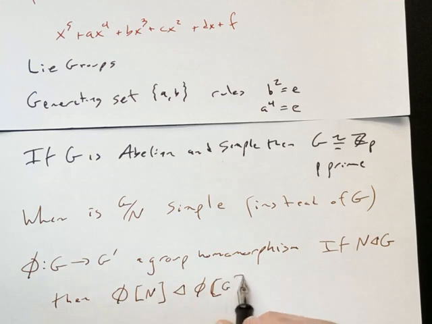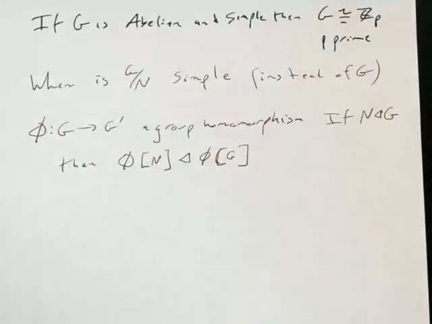I've seen this result applied in general, but now I'm applying it to normal subgroups. A homomorphism preserves subgroups. But more than that, it preserves normality as well.